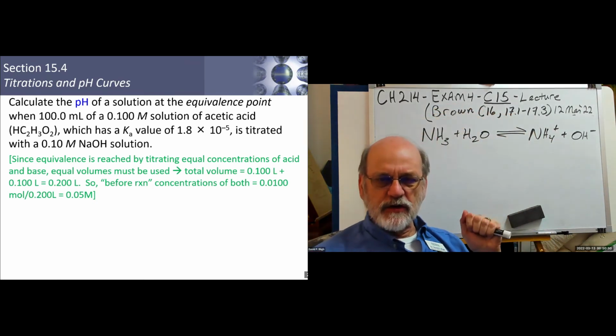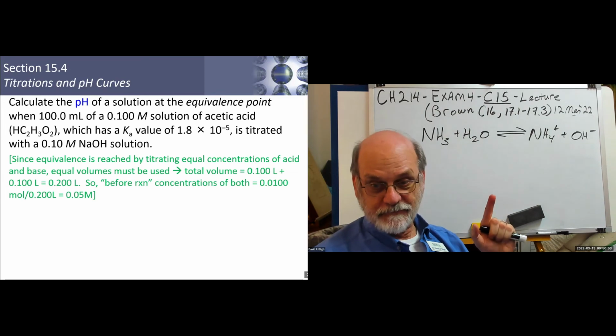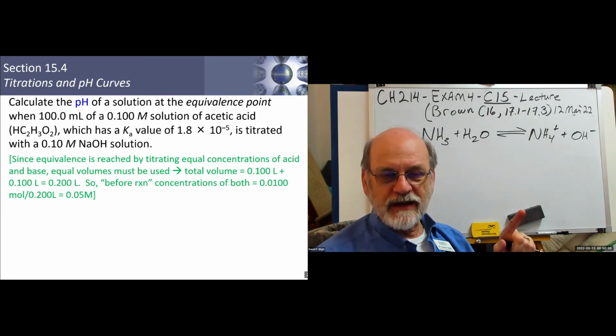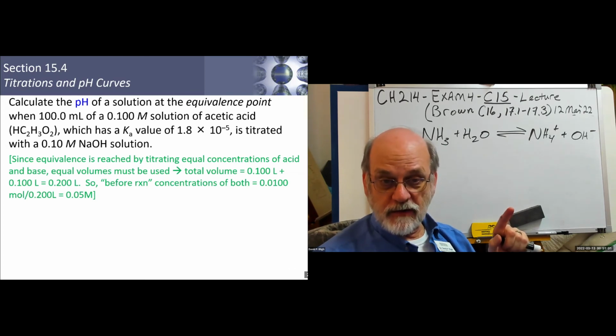Calculate the pH of a solution at the equivalence point when 100 milliliters of 0.1 molar acetic acid is titrated with 0.1 molar sodium hydroxide solution.